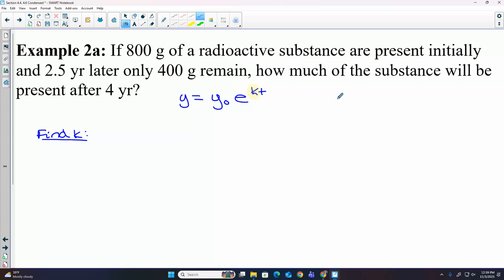Now, we do know something already. What is my y sub 0, my beginning amount? So that's 800. So I have my y sub 0, now we have to figure out k. To do that, we're going to use this other information. In 2.5 years, 400 grams remain. So what's my y, my amount?